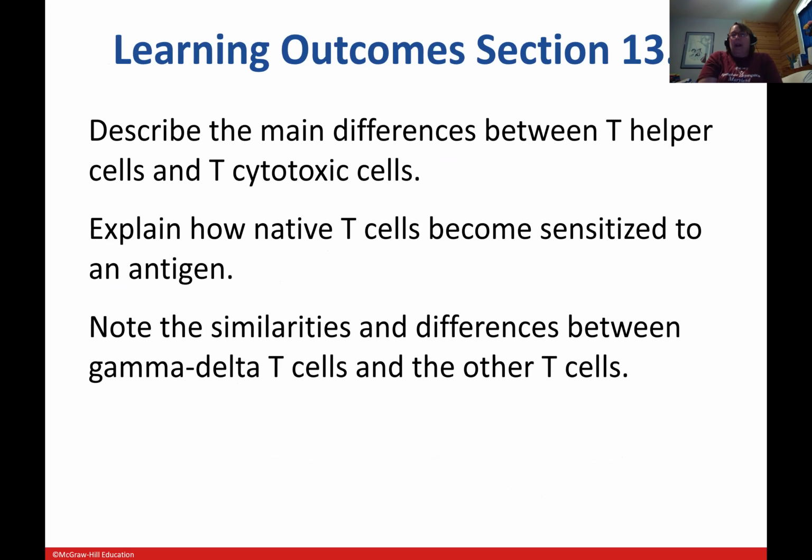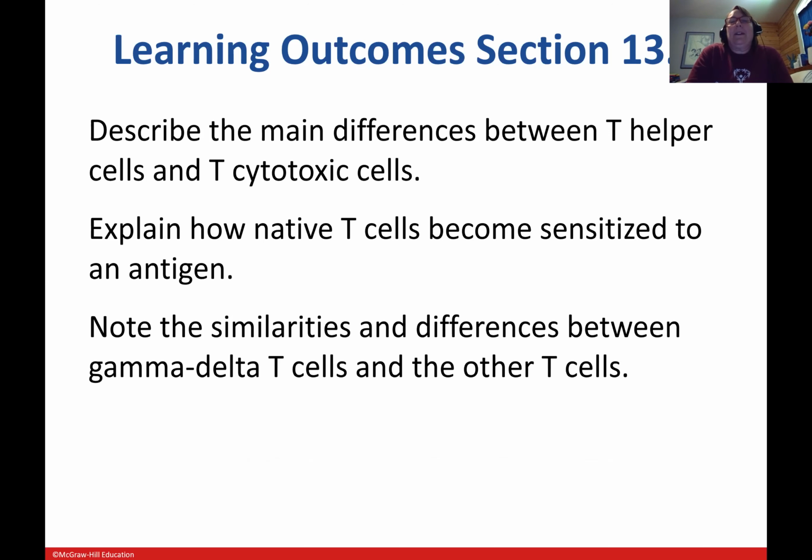Okay, so moving on to section 13.4, we're going to describe the main differences between T helper cells and T cytotoxic cells, and explain how naive T cells become sensitized to an antigen. We've talked about that process a little bit because we've talked about the gene that gets snipped up and pieces thrown out and pieces mixed up and flipped over and all that sort of thing to be able to have the diversity to process virtually any kind of antigen.